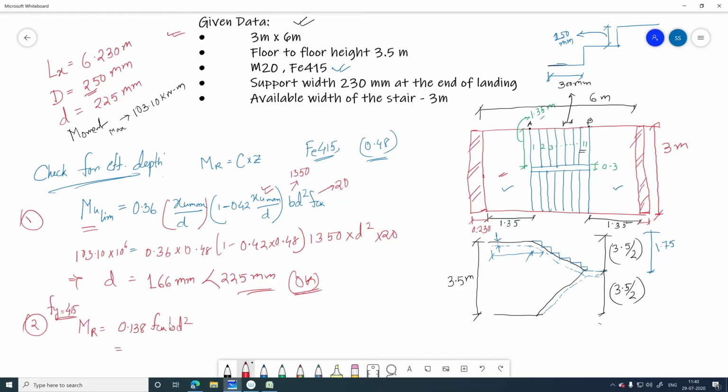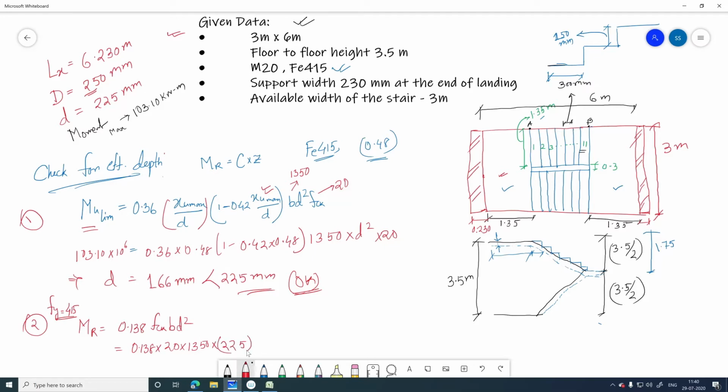Okay, so you know the value of fck, 0.138, fck is 20, b is 1350, that means the length of a single flight, and the d that we have considered, that is 225.